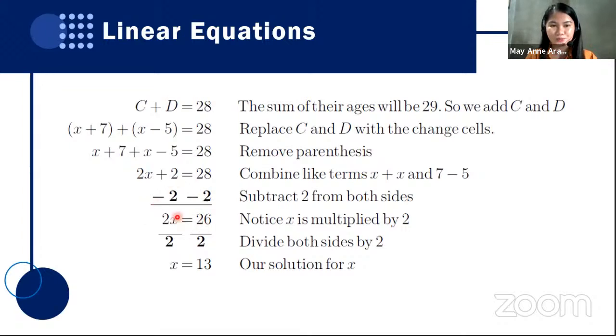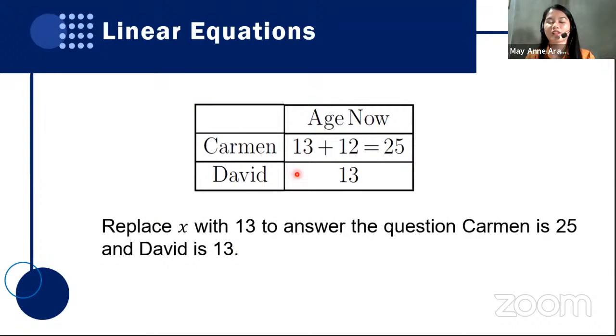So you have to subtract 2 from both sides or just transpose 2 to the right side of the equation. So 28 minus 2 is 26. Then divide both sides by 2. So you have 2x divided by 2 is x, and 26 divided by 2 is 13. So the value of x is 13.